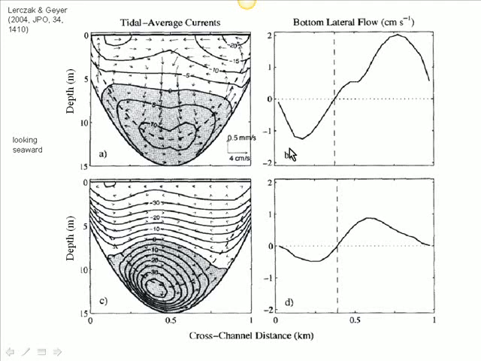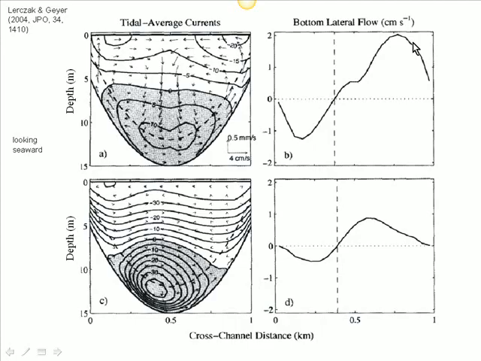Interestingly also, and this is another topic that is hot at the moment, the lateral flows are stronger when the water column is less stratified than when it is stratified. So this is the situation when it's strongly stratified, the lateral flows are weaker, and when it's just moderately stratified, the lateral flows are stronger.